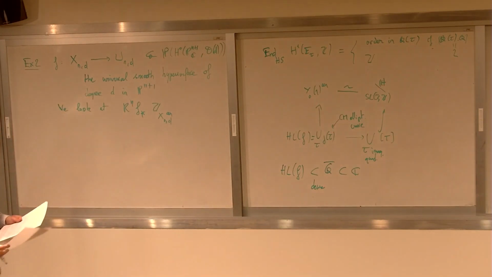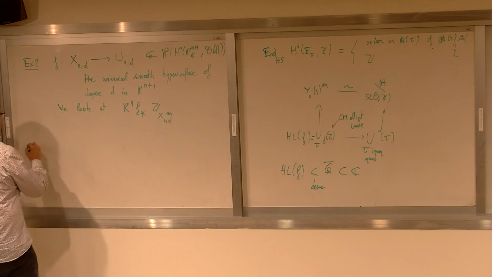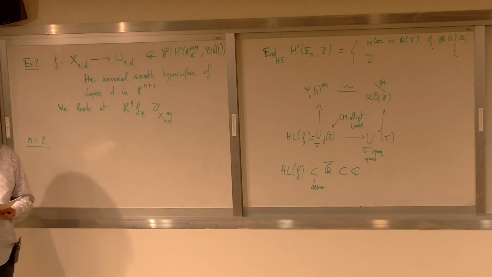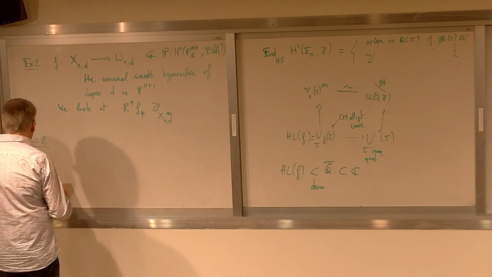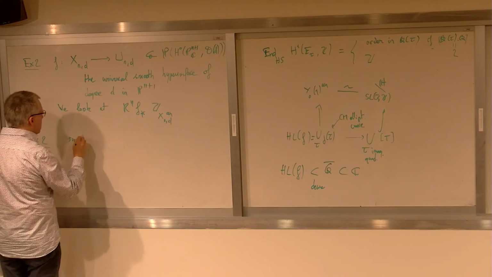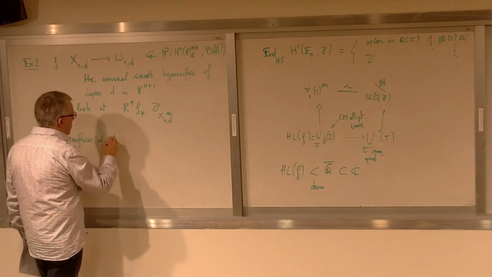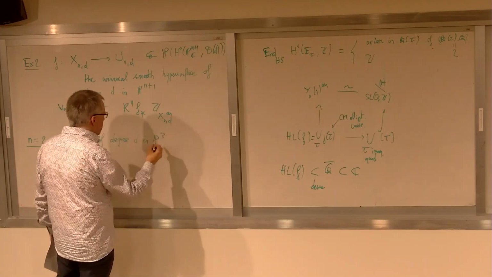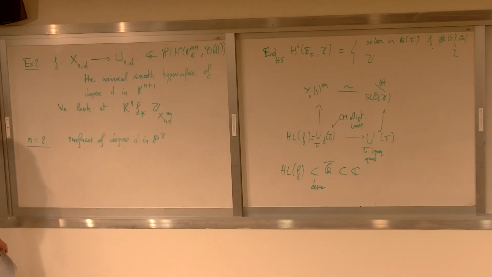Good. So let's take the simplest example, the case n is equal to 2. And I come to the Lefschetz locus. So in that case, this means that I'm looking at surfaces in P^3. And we are interested in the degree 2 cohomology.